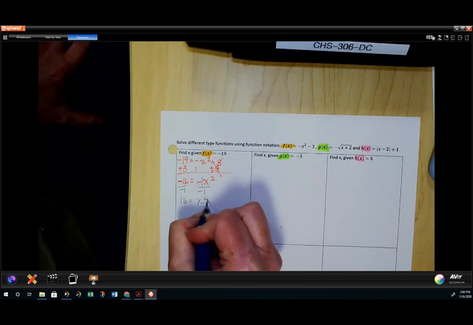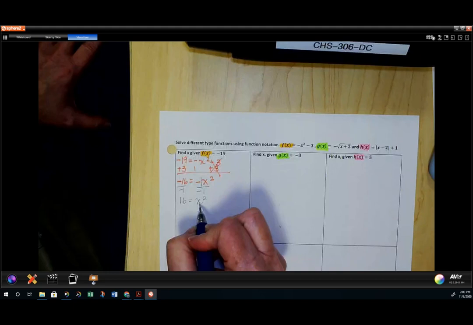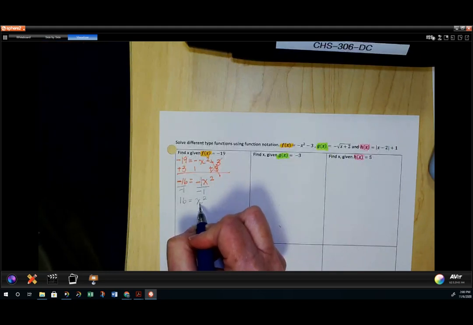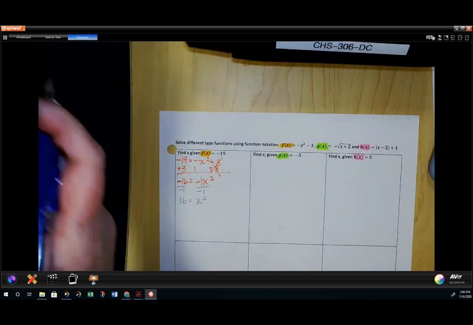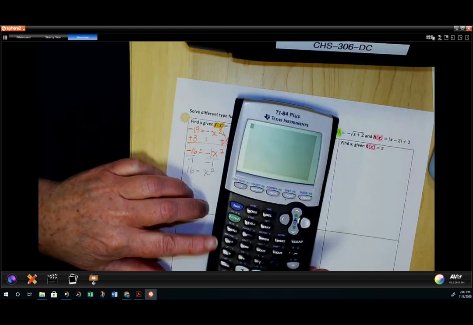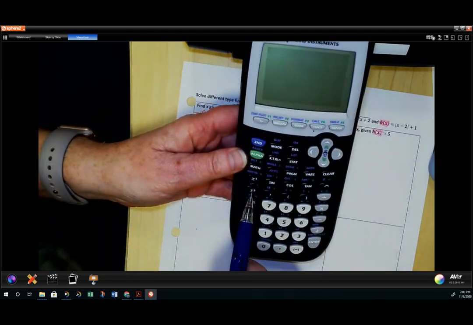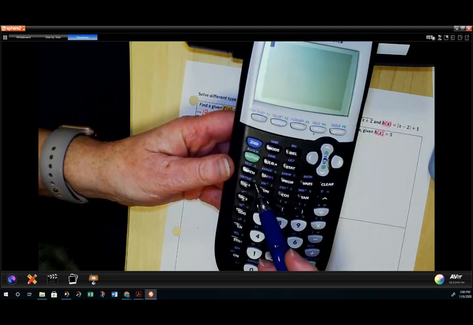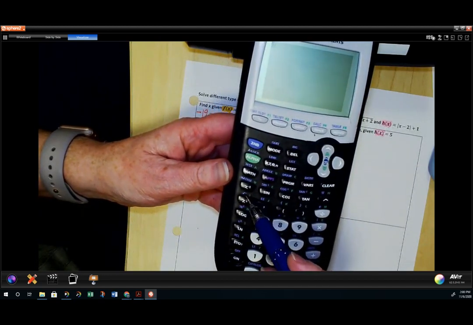And that's x squared. So now, the opposite of squaring something, this is where you kind of use your little friend, your little yellow friend on your desk. If this is x squared on your calculator, right above that in blue is a little square root.